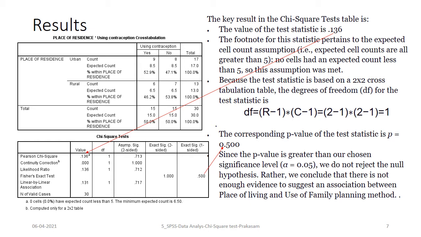Some people will also select alpha as 0.01 and 0.001. In social science research, we will be happy if 95% of our results come true. Therefore, it is taken as alpha equals 0.05. This analysis shows there is not enough evidence to suggest an association between place of living and family planning.